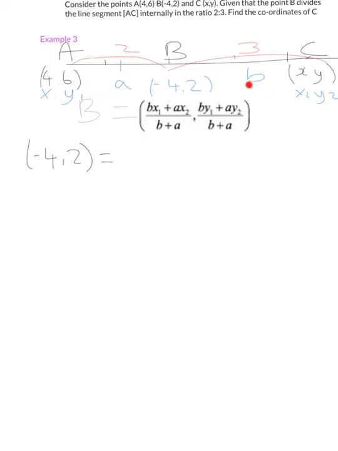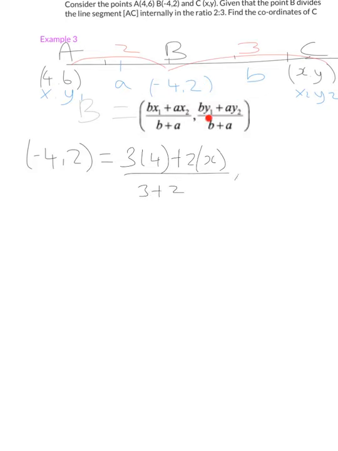So it's going to be B times X1 plus A times X2 all over B plus A. So slotting that in, that would give me B, which is 3, times X1, which is 4. So that would give me 3 times 4 plus A, which is 2, times X, all over B plus A, which is 3 plus 2.